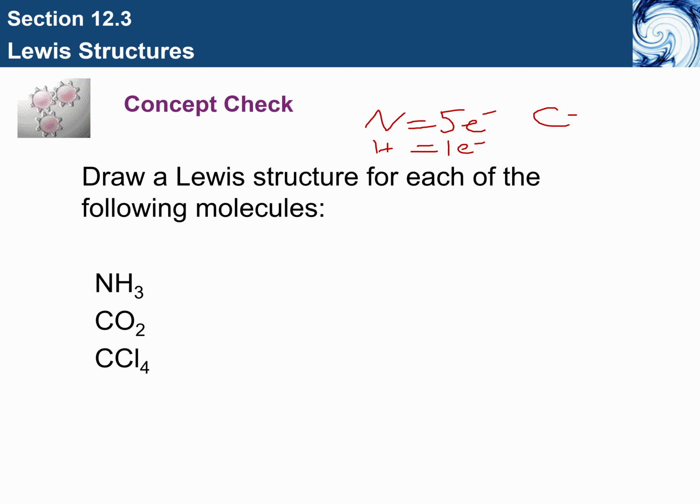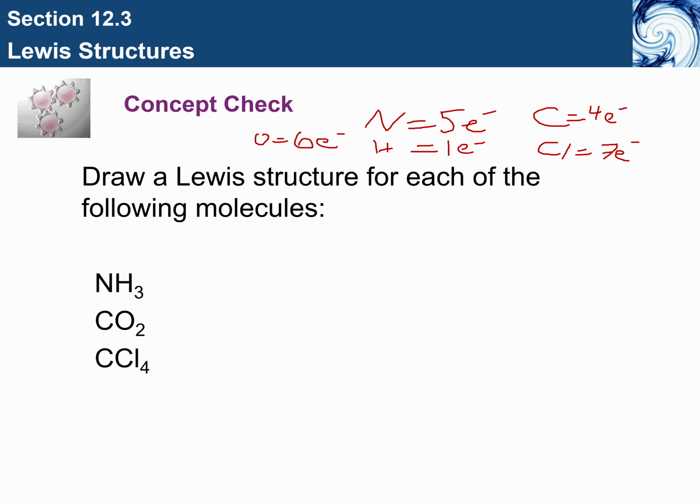Carbon is going to have 4 electrons. Chlorine is in group 17, just like fluorine was, so that one is also going to have 7 electrons. And oxygen is in group 16, so it will have 6 electrons.